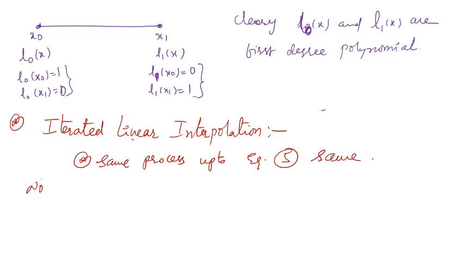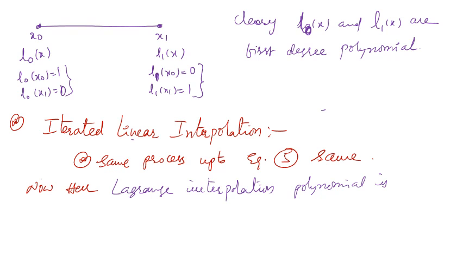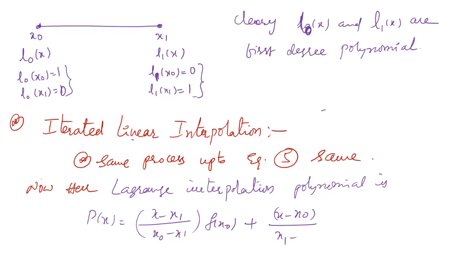Now here, what is the Lagrange's interpolation polynomial? P of x equal to x minus x1 by x0 minus x1 multiplied by f of x0 plus x minus x0 by x1 minus x0 into f of x1.